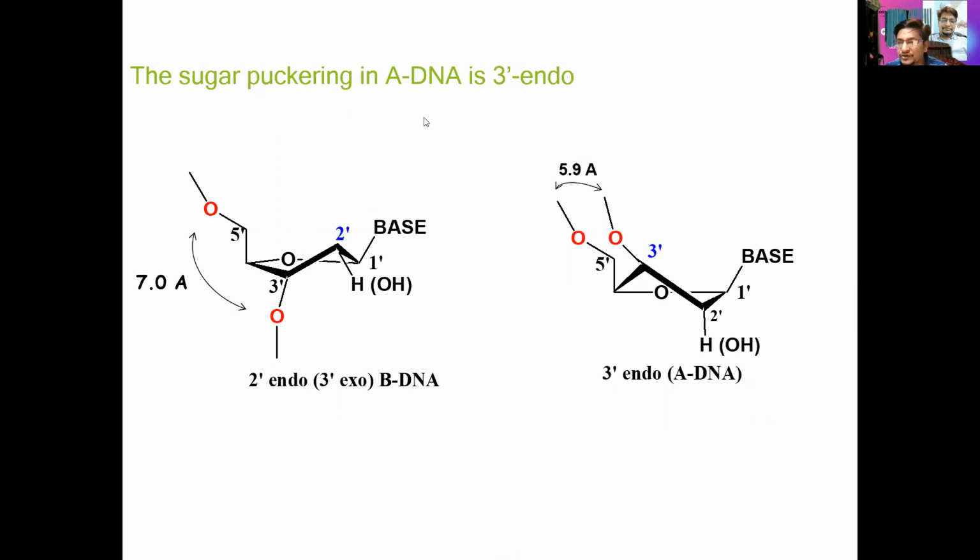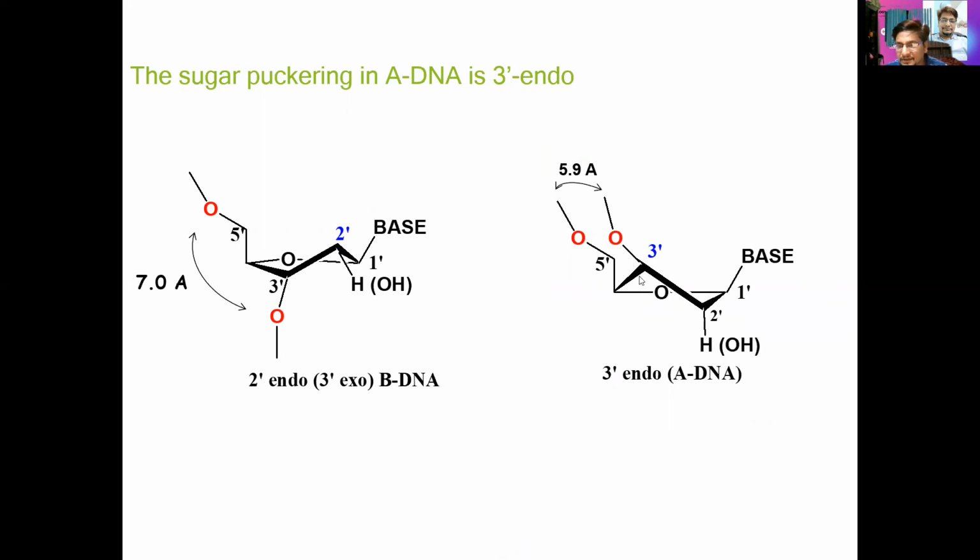And this is what I was talking about, the sugar puckerings. You can see over here the 5 and 2, if they are in the same plane or above the plane, this is going to be the 2' endo, compared to the 3, which is a little outside, which is going to be exo. So if it is endo, it's going to be exo.